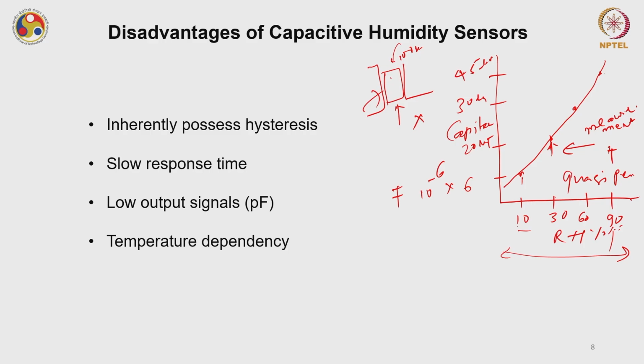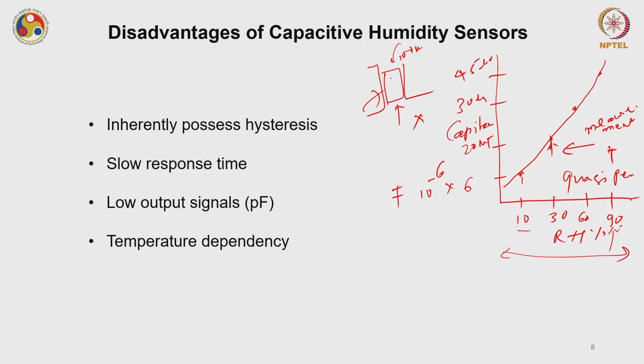At 90%, because it is seeing more and more water molecules, it has a tendency to absorb more and more water molecules. So in that case it will absorb a very high quantity of water molecules, and that will shift this capacitance to a higher position.